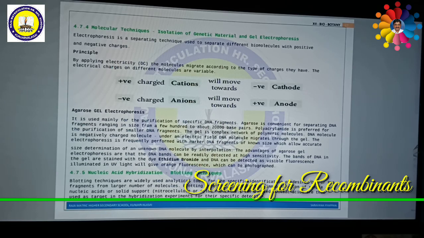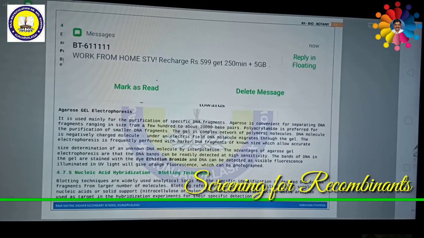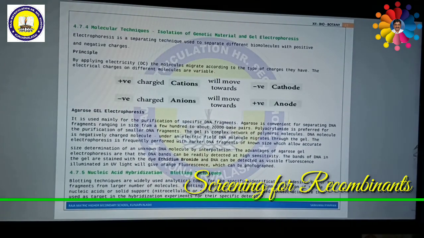The electrophoresis is frequently performed with marker DNA fragments of known size, which allows accurate size determination.